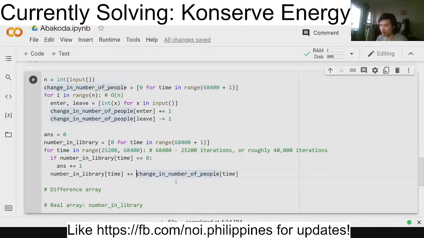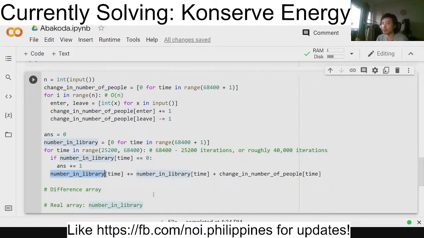Otherwise, it's the number of people in the library at the previous time plus the change that happened now. Okay, so the real array that we want to keep track of is really this number in library. It's the thing that we really care about to get the answer.